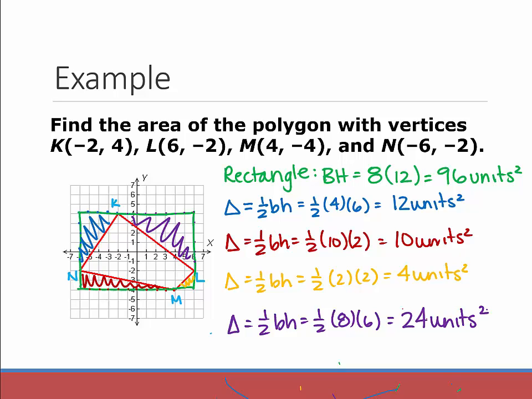So if we have 96 of the whole thing, take out the blue triangle, take out the red triangle, take out the orange one, and then take out the purple one, we end up with 46 units squared. And that has to be the area of the shape that we need.